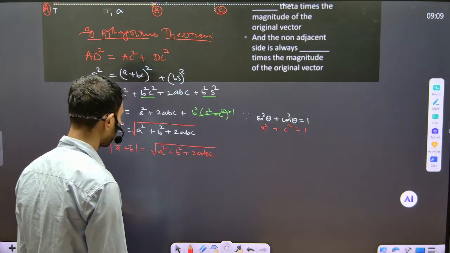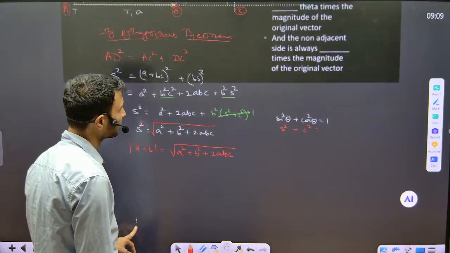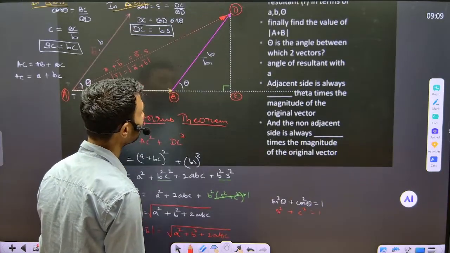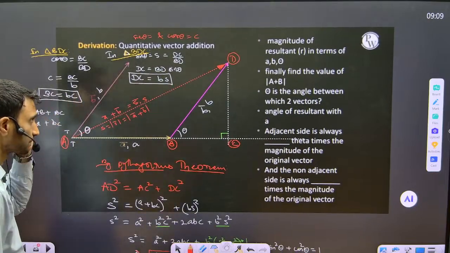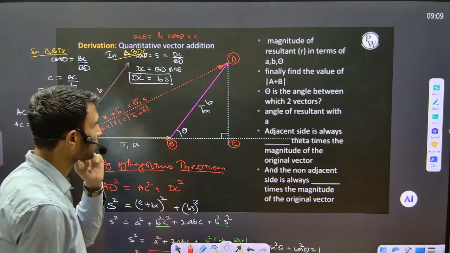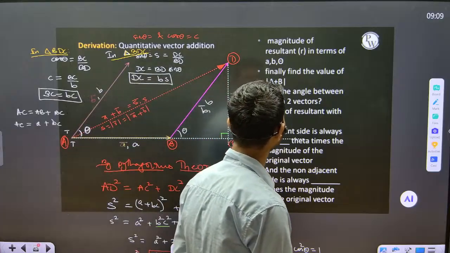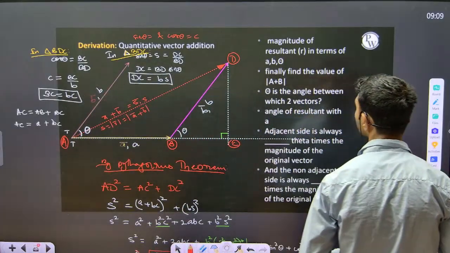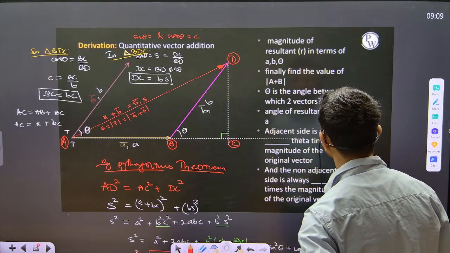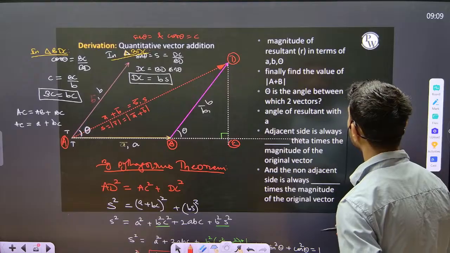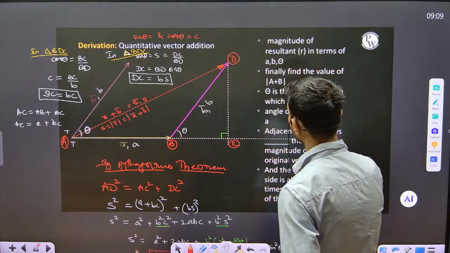So there it is. We got this result also. Now what else do we need? Magnitude of resultant R in terms of A, B and theta. Magnitude of resultant. That we have done. Then finally find the value of mod of A plus B, that also done.